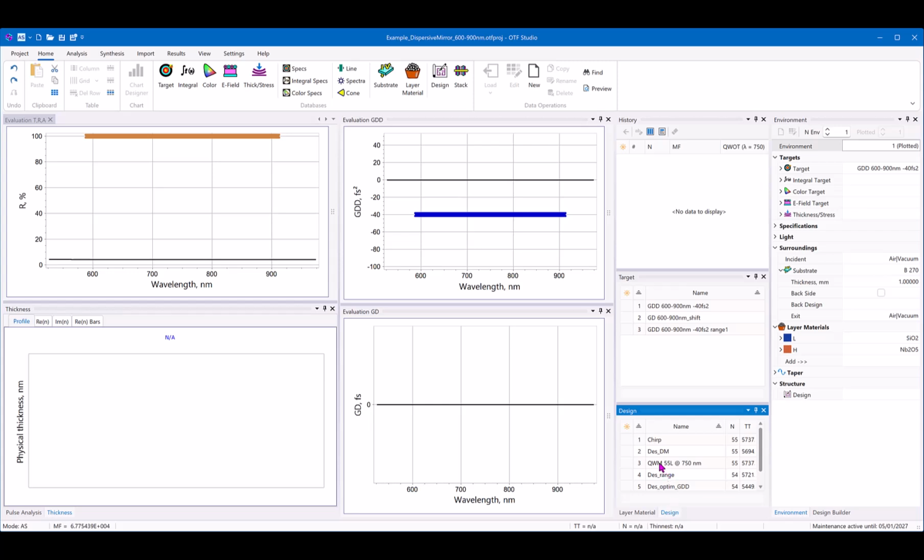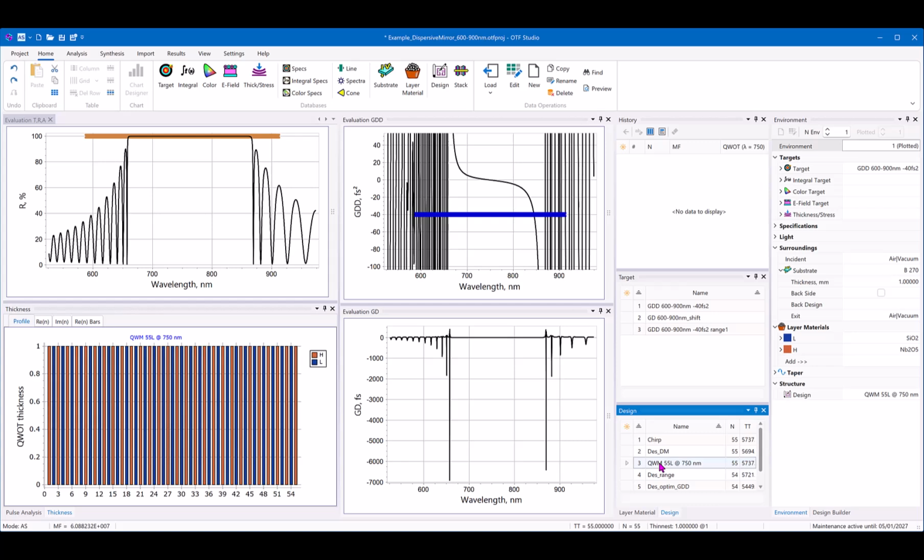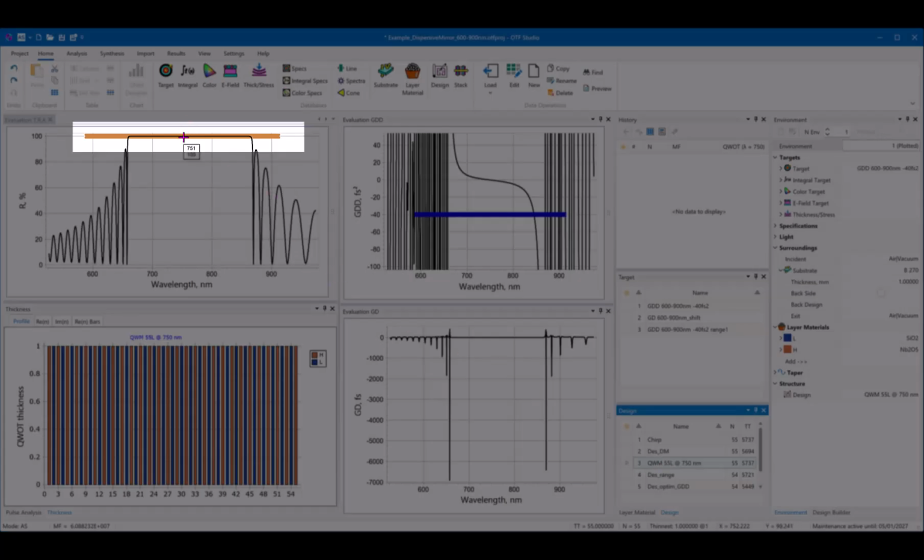The first idea is to use a quarter wave mirror at the central wavelength of 750, the center of the spectral range of interest. But we can see that this is really high reflectance, but this spectral range is too narrow for this broadband dispersive mirror.